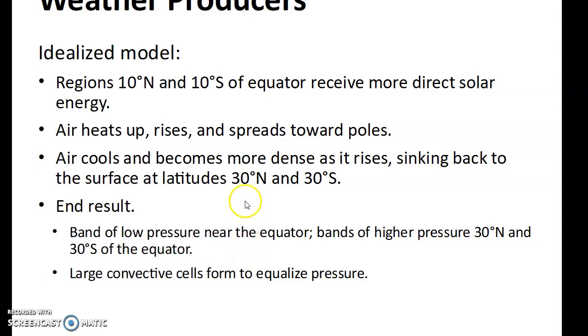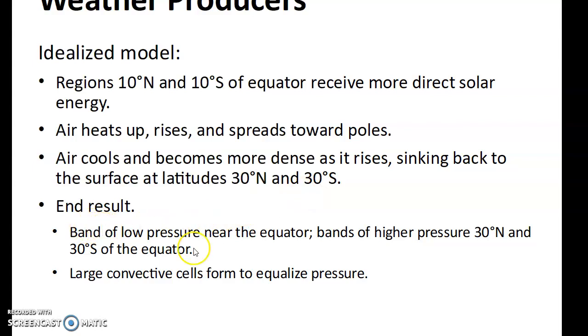Weather producers, or the idealized model: regions 10 degrees north and 10 degrees south of the equator receive more direct solar energy. So that air heats up, rises, and spreads towards the poles. Air cools and becomes more dense as it rises, sinking back to the surface at latitudes 30 degrees north and 30 degrees south.